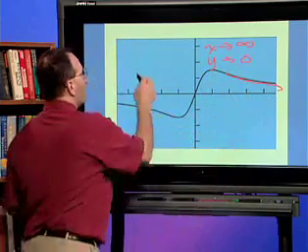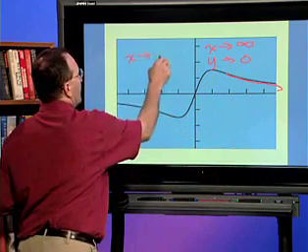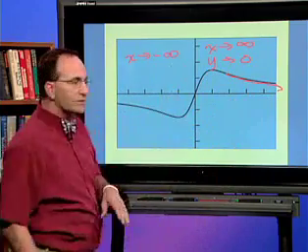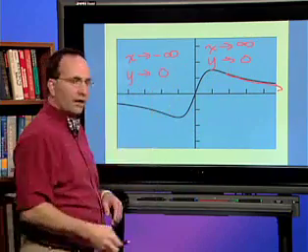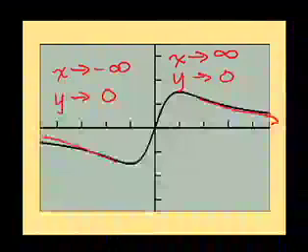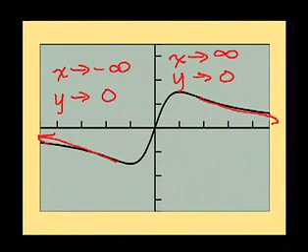And same thing over here. As x goes to negative infinity, it appears as though y is approaching the value of 0. It's coming up from below, but it appears to be approaching that as a horizontal asymptote. So it is true that the horizontal asymptote is the x-axis, or in other words, y equaling 0.